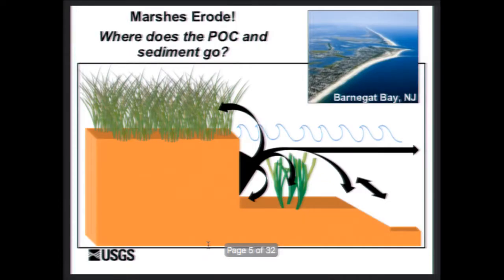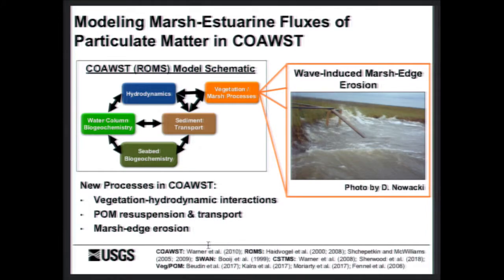This process is complicated because if you look at these realistic systems, there's a lot of variability in space and also, as Kevin mentioned, in time. And so we've been developing a numerical modeling approach that can help, adapting it so it can be used in these coastal vegetated systems. In particular, I'm working with Neil Gandrew, and his group has been incorporating vegetation hydrodynamic interactions into COAWST, which includes ROMS in it.